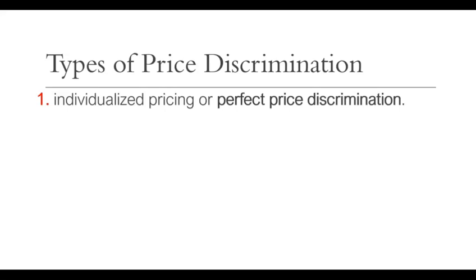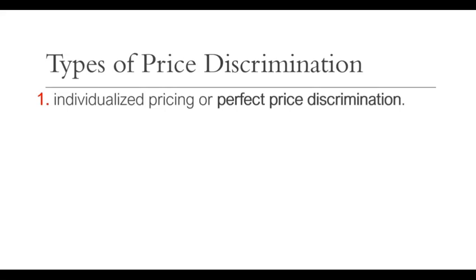So everybody pays a different price. That's the case of perfect price discrimination. So as we'll see, that's a case in which the seller is attempting to guess or estimate the maximum willingness to pay that each customer might have and would try to set the price accordingly.